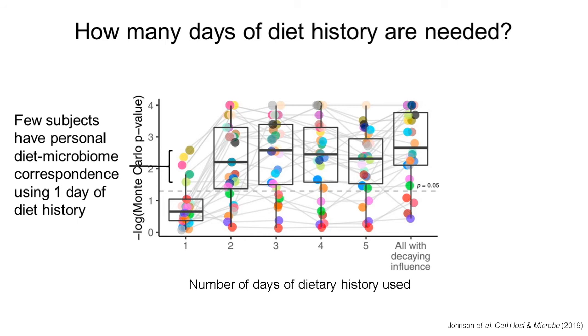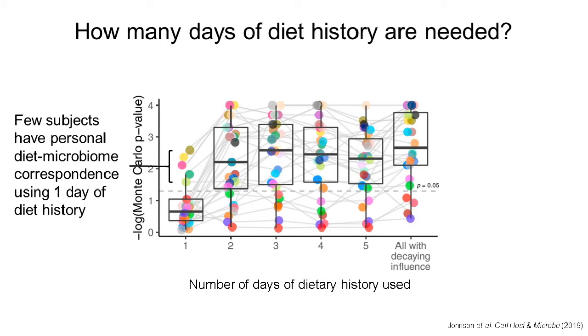And what we found was that on the left hand, where we only used 1 day of dietary history, we had relatively few subjects with a strong correspondence. And another way to say that is diet did not really explain their within-person microbiome variation.